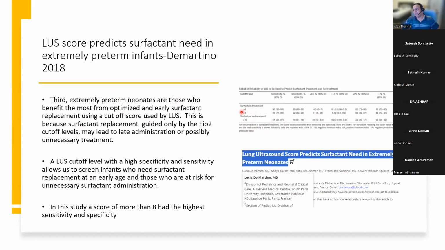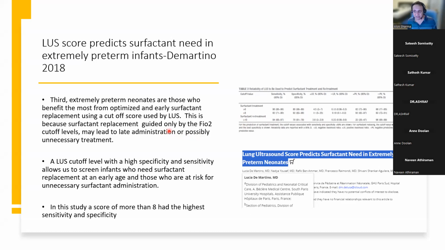Their study showed that a score of more than 8 had a sensitivity of 82% but a very high specificity of 92%, and was a cutoff level at which babies with RDS would be treated appropriately with surfactant. Hopefully using this score, in their opinion, would prevent unnecessary treatment with surfactant.